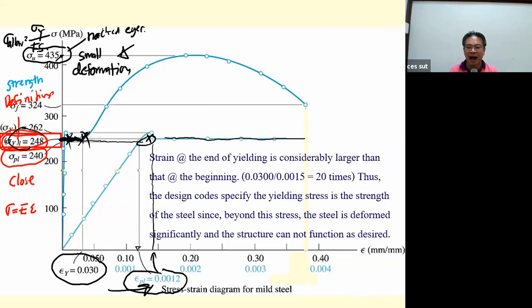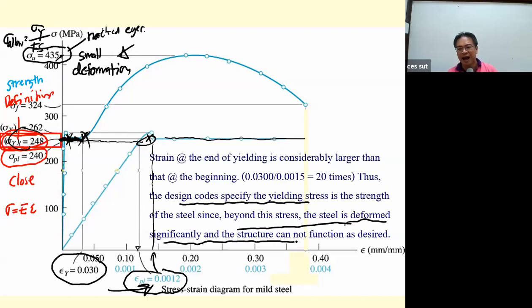So most of the time, the design code will specify the yielding stress, because beyond this stress, the steel will deform significantly and the structure cannot function as desired. So we usually use sigma yield as the strength of material.